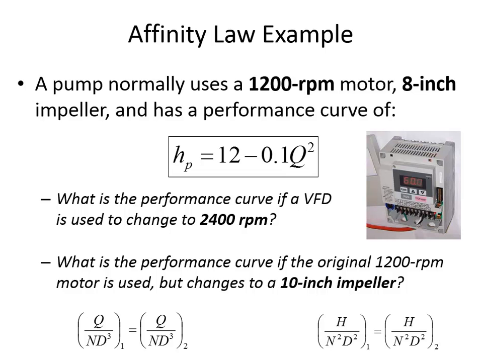So we want to use these pump laws to find out what the performance curve for the modified rotational rate will look like. For this first one, I'm going to work over here on this board. We're going to be changing the rotational rate from 1200 RPM to 2400 RPM.